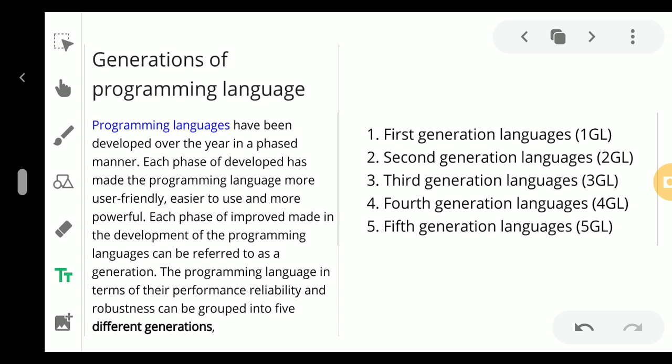Each phase of improvement in the development of programming languages can be referred to as a generation. In terms of performance, reliability and robustness, programming languages can be grouped into 5 different generations: first generation, that is 1GL, second generation, 2GL, third generation, 3GL, fourth generation, 4GL, and fifth generation, 5GL. We will discuss each of these.